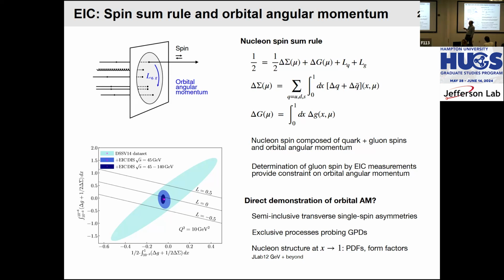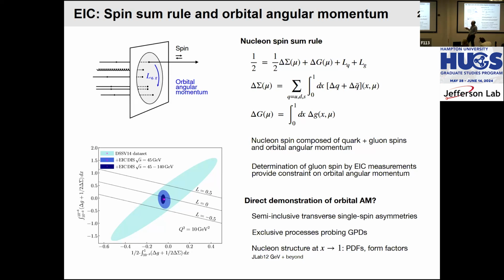So in the context of the parton picture, there is a sum rule which states that the total spin of the nucleon in longitudinal polarization can be decomposed or is made up of several terms.